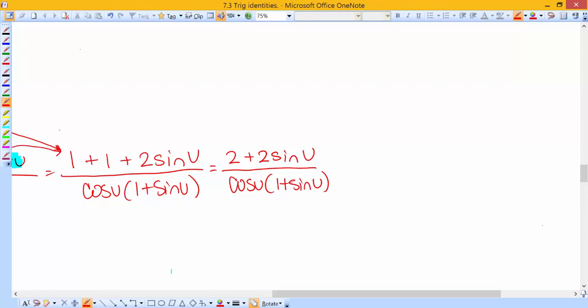Oh, look at this. They both share a 2, which means we can factor out a 2. When I take a 2 away from here, 2 divided by 2 is 1. And when I take the 2 away from the sine, I'm just left with sine. All over cosine u times 1 plus sine u.